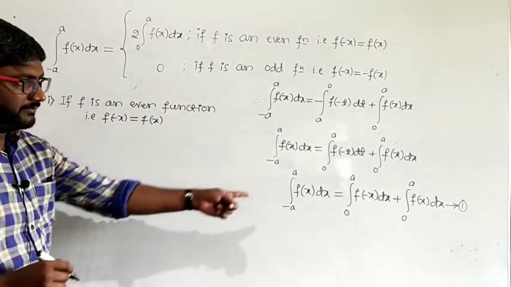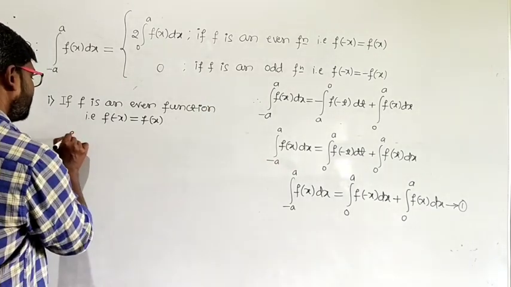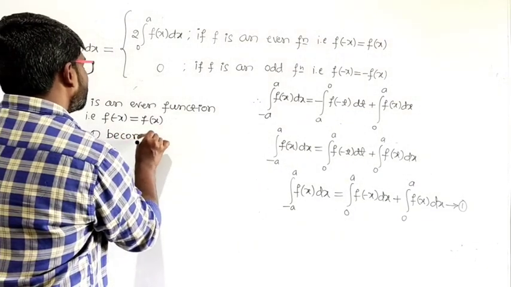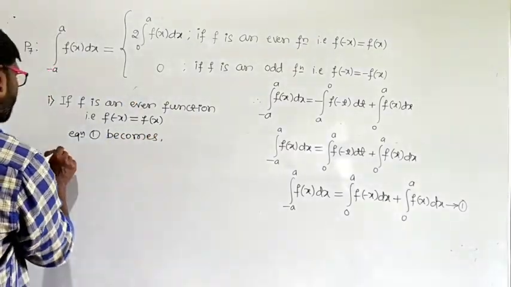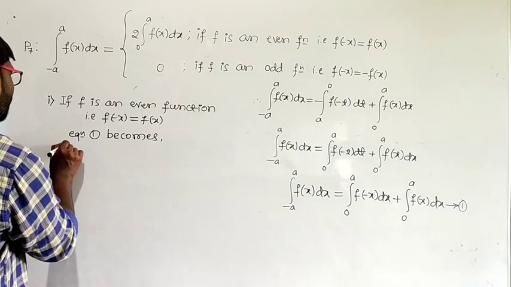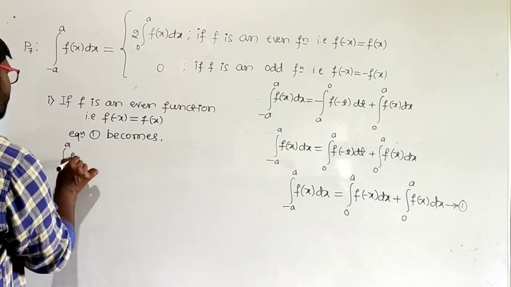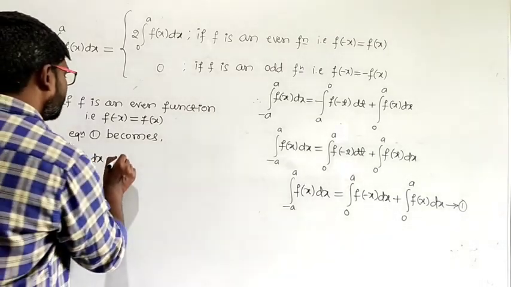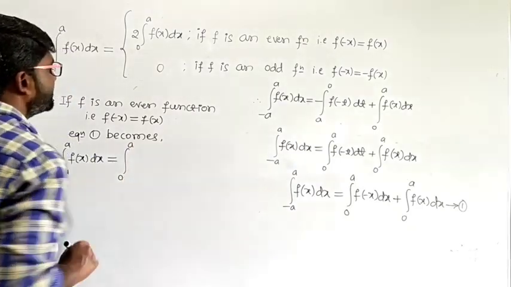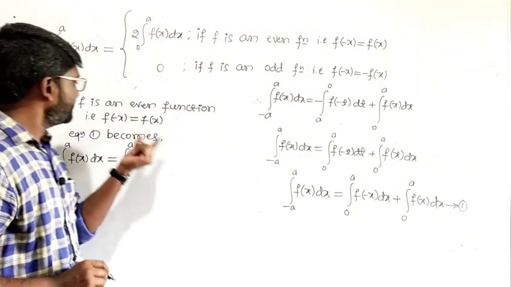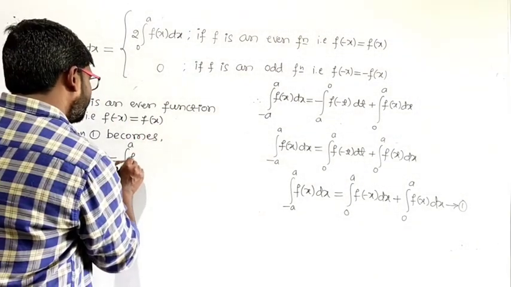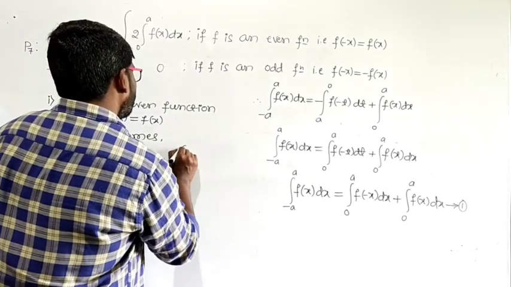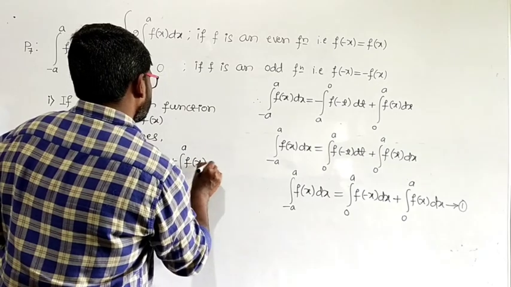So here we have to rewrite equation 1. Equation 1 becomes, see here, integral minus a to a f of x dx is equal to integral 0 to a, in place of f of minus x, we have to write f of x, we get f of x dx, plus integral 0 to a f of x dx.